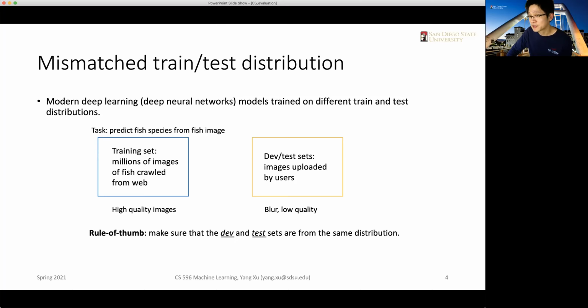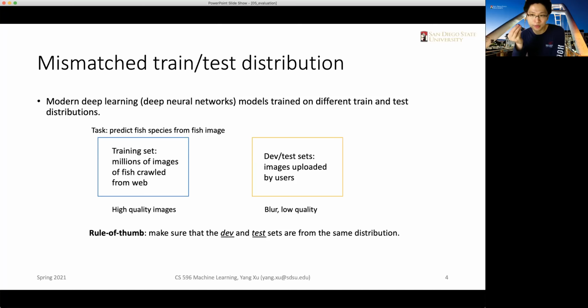I see the question. The dev set is used to report the performance of the model being trained during the training stage. You can think of the training stage as a running for loop. Within each cycle, we feed some mini batches of data to the model, and the model gets updated. After maybe 1,000 cycles or 100 cycles, we want to have a peek at what the model looks like.